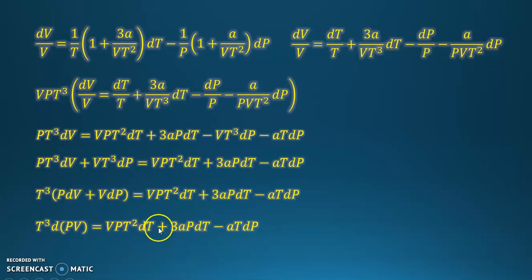And the left side stays the same. Now, in the left side, we can observe that we have T, P, and V. We have the three variables that are involved in the equation.